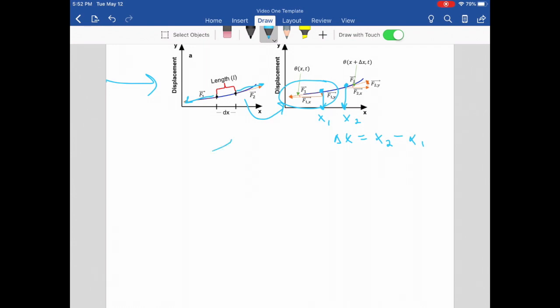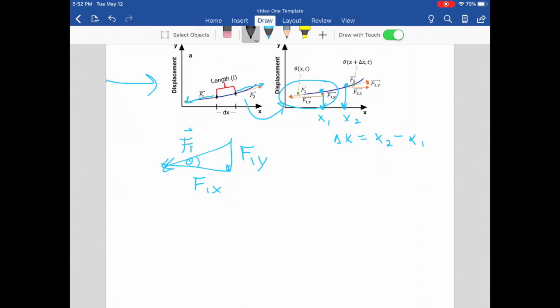So if we go ahead and say that this would be our F1, well, the y component of force would be pointed downward, and the x component would be pointed leftward. And where F1x and F1 in general intersect, they create an angle theta.